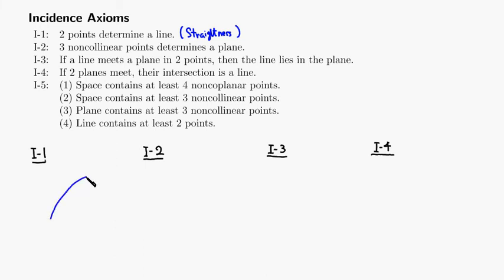So here is one line, and here you have another line like that, and then you have 2 points in common. I'm going to call them A and B.